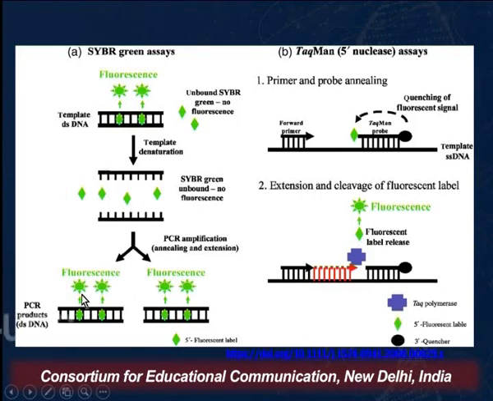At each cycle, as the number of double-stranded DNA molecules increases, that means more copies of our gene of interest or the template are produced, the fluorescence also increases, and that can then be detected. So this is one of the methods that is basically used to assess the PCR product produced in real time at each cycle. There is another method, which is by using the TaqMan probe.